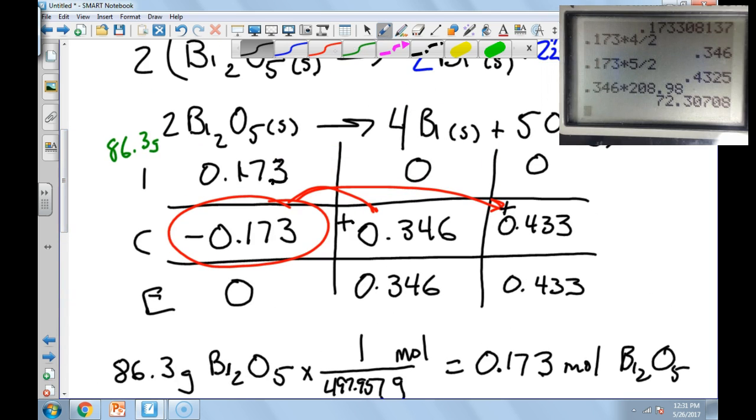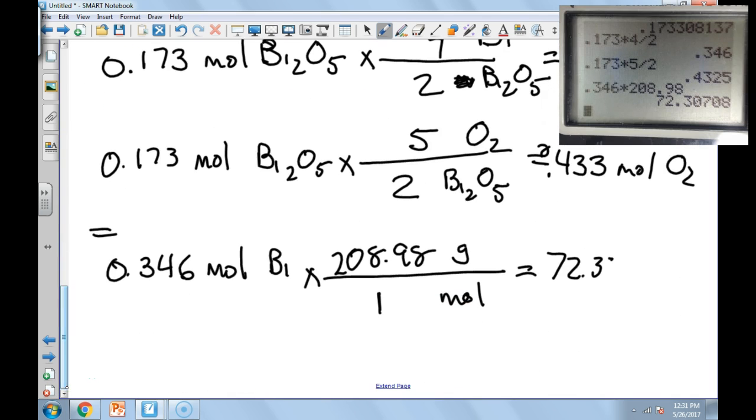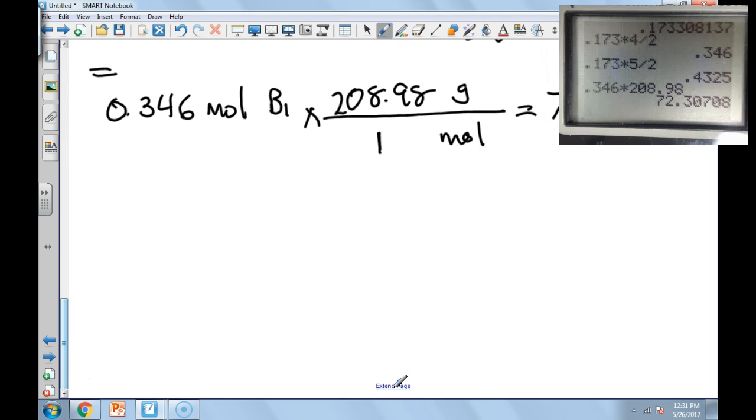Now, just to make sure I don't get confused, I'm going to write this in green, so it's 72.3 grams. I'm going to put grams as my unit there. I do a similar calculation for oxygen. It's 0.346 moles. Oh, I'm sorry. How many moles of oxygen do we have? Not 0.346. We have 0.433 moles of O2.